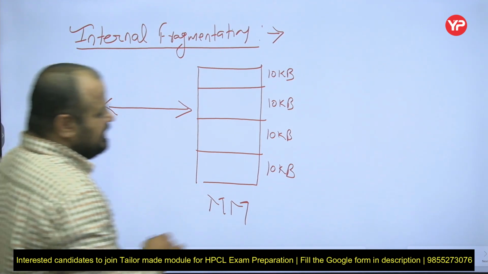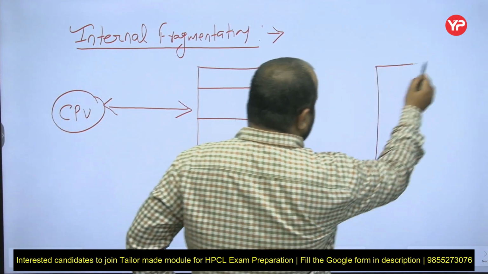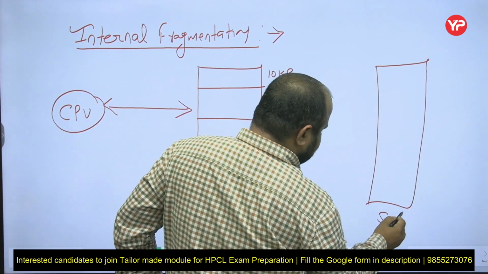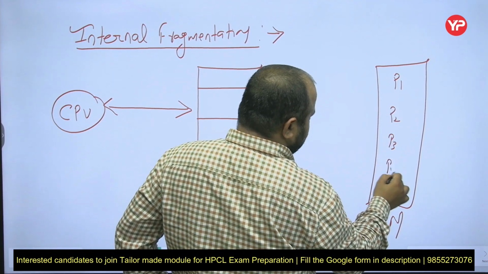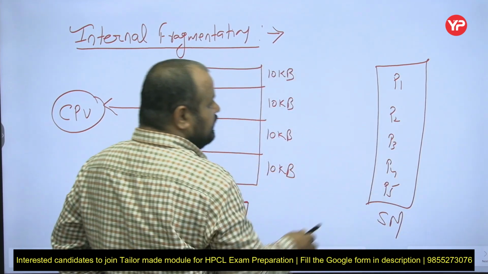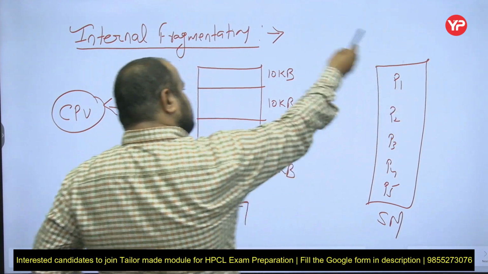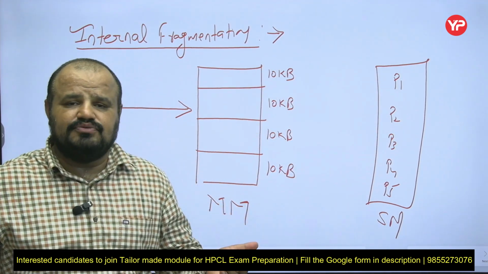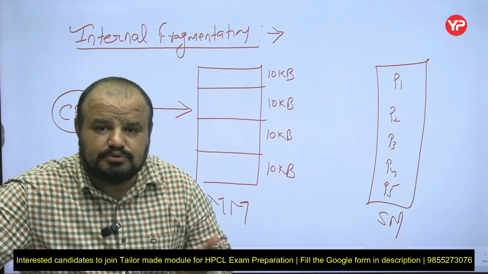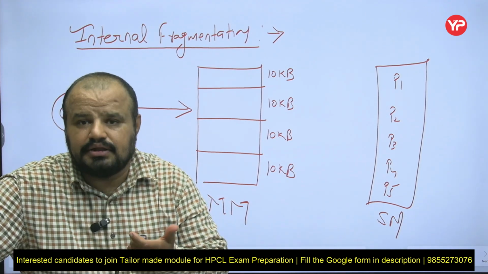And we have some programs in the secondary memory: program P1, program P2, program P3, program P4, program P5. When a program comes into the main memory for execution, it is called a process. What is a process? A program under execution.